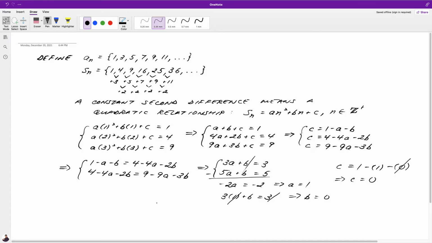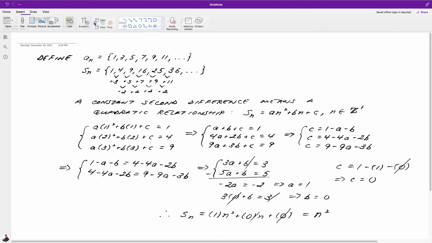Therefore, we found an equation. S of n is equal to 1 times n squared plus 0 times n plus 0. Obviously the whole thing is equal to n squared, which is what we could have inferred all along. I mean, this is 1 squared, 2 squared, 3 squared, 4 squared, 5 squared, 6 squared, and so forth. So we found the formula for the sum of the first n odd numbers.